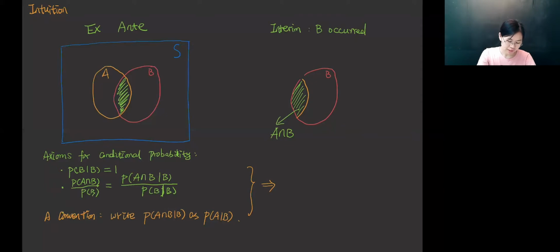And the second axiom that might appear intuitive to us is that the new information doesn't change the relative probability of A and B, because the new information doesn't inform us about the relative likelihood of the outcomes inside of B. So the ratio, the relative probability before the new information is available, is P of A and B over P of B. And after the new information is released, the ratio becomes the conditional probability of A and B over the conditional probability of B. So this relative probability is not changed by this new information.